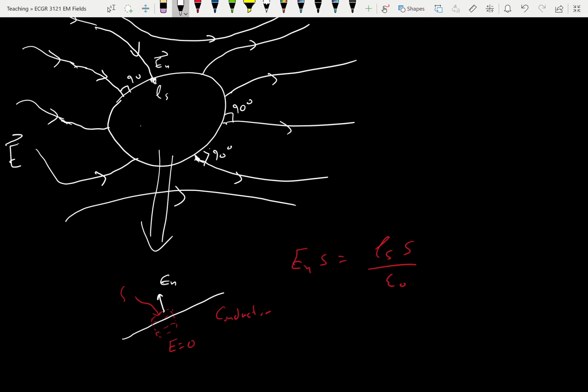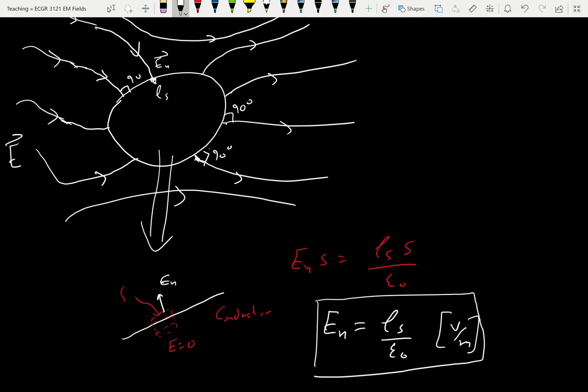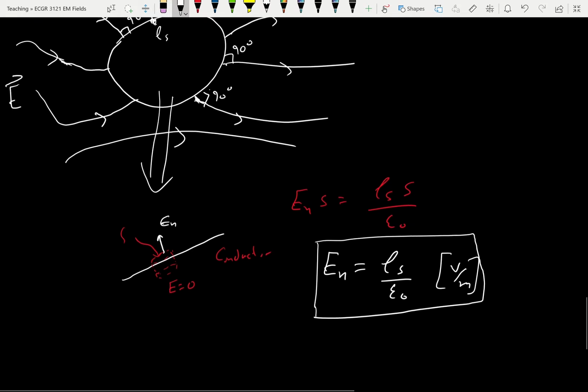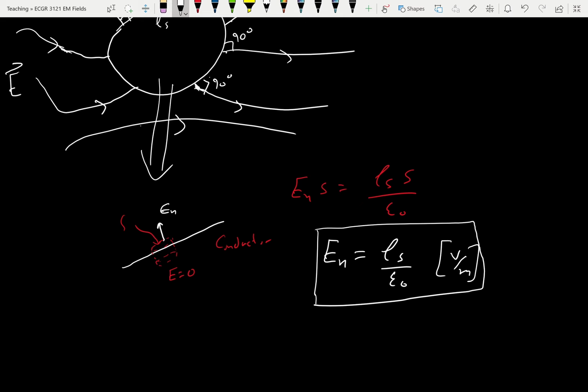So that tells me that E_n, the normal component of the electric field, which is the only component that has any value on the surface of the conductor, is rho_S over epsilon naught, volts per meter. So this is the relationship between the field and the surface charge density on the surface of a conductor.